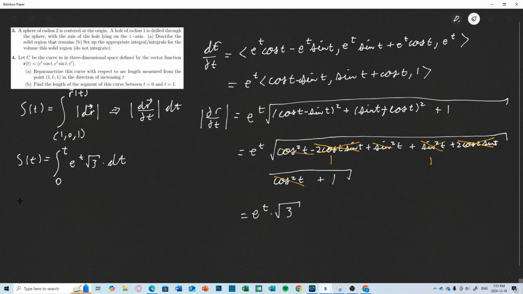And then again, we can just take out the root 3, and since the integral of e to the t is just e to the t, we can skip all the way to the bounds of 0 and t, which will give us root 3 times e to the t minus 1, because e to the 0 is equal to 1. That is our s.